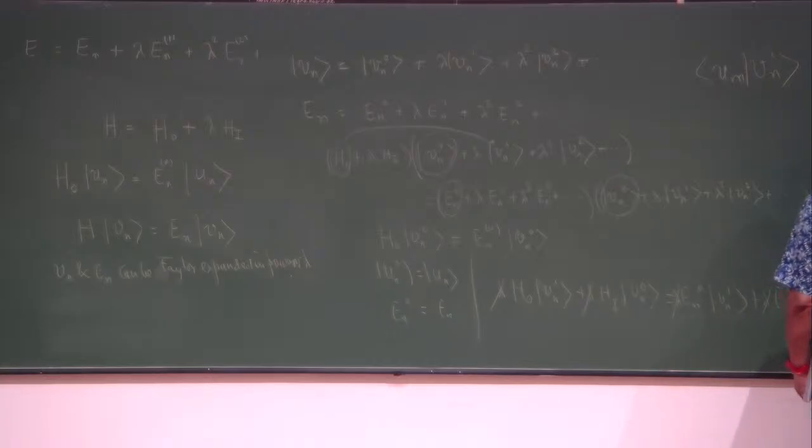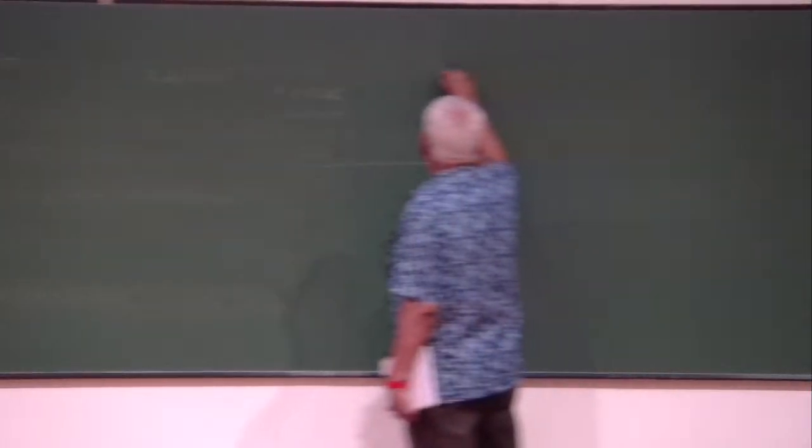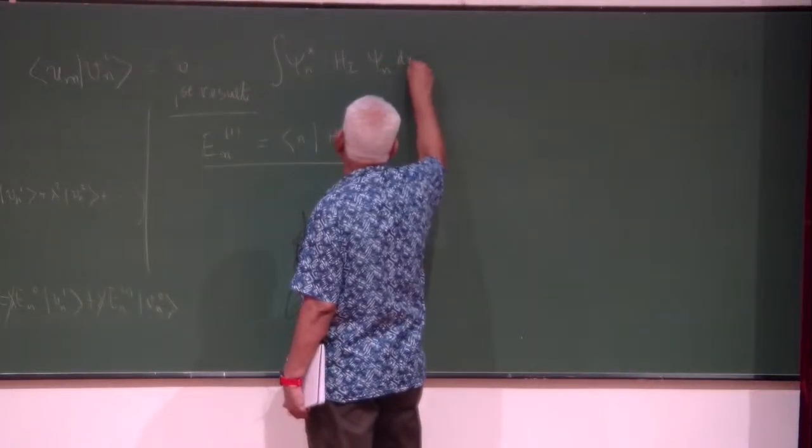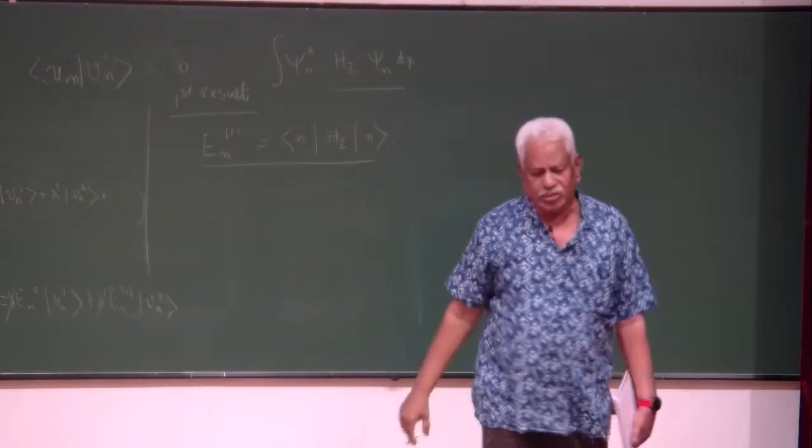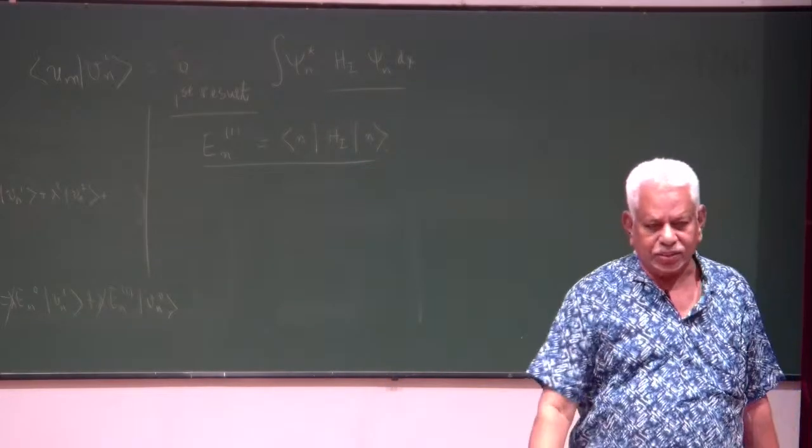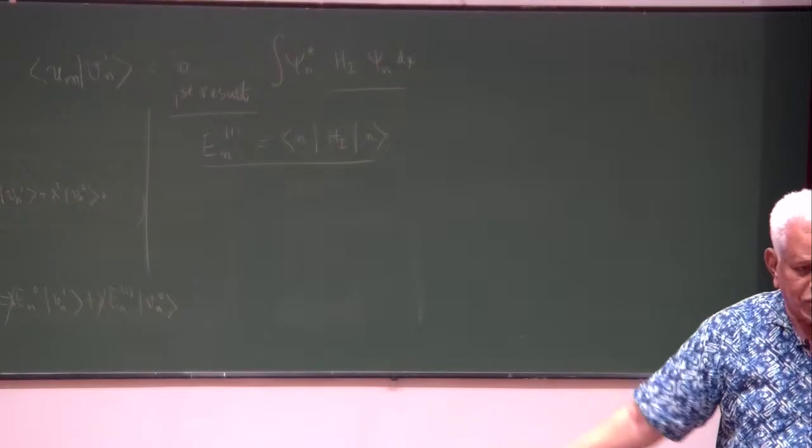En1, the correction to the first order in the perturbation, is simply the expectation value of this extra thing which you have written down, Hi. If you want, I can write this as the integral of psi n star Hi psi n dx. Well, it need not be dx, it can be dq also, but that is the result. That is all, as simple as that.